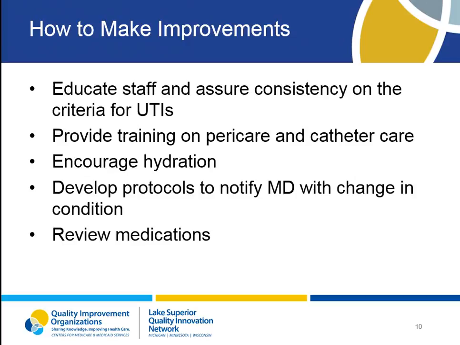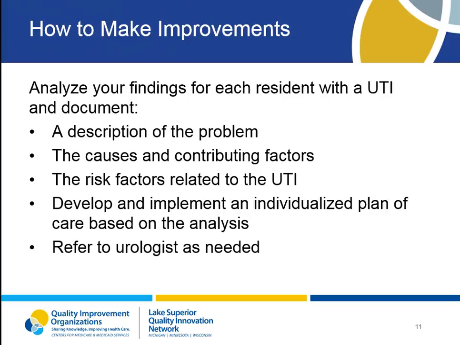To help prevent UTIs from occurring, assure staff are using criteria consistently. For all residents, assure good pericare and catheter care, encourage adequate hydration, and review medications. Also develop protocols for notifying physicians when there is a change in resident condition.